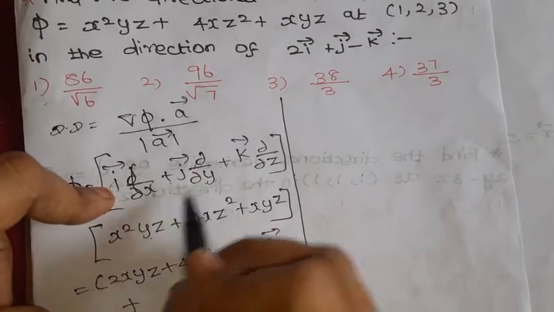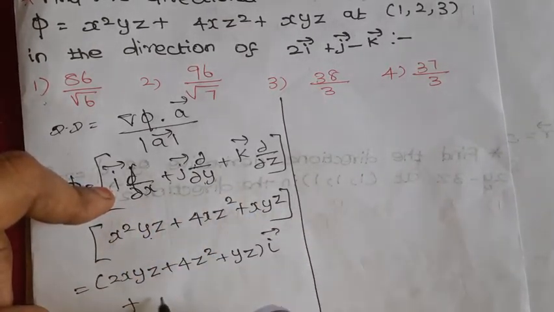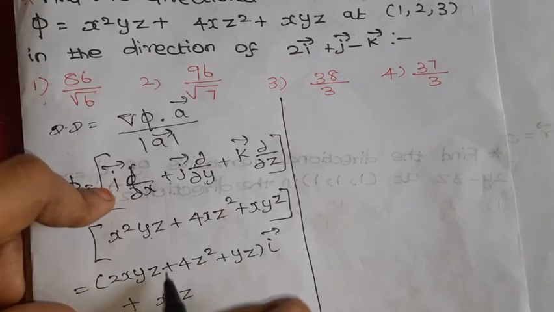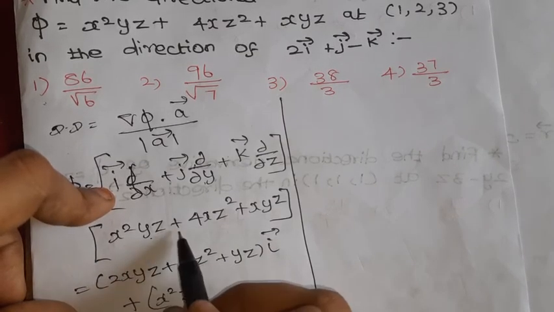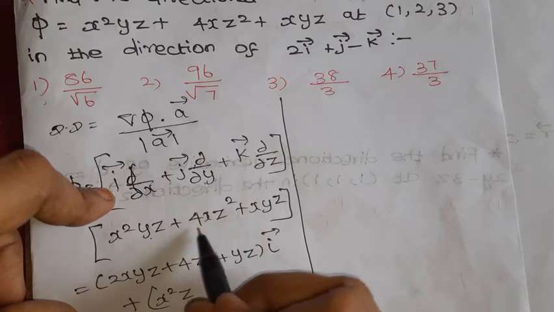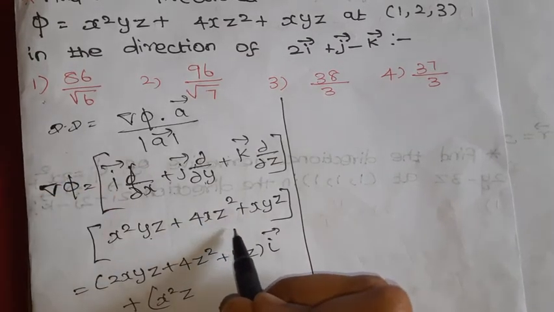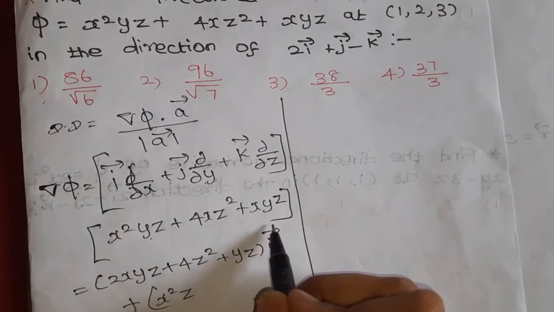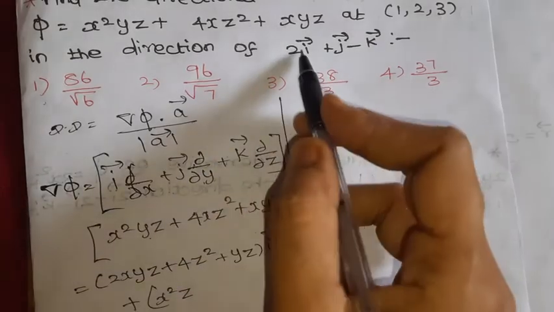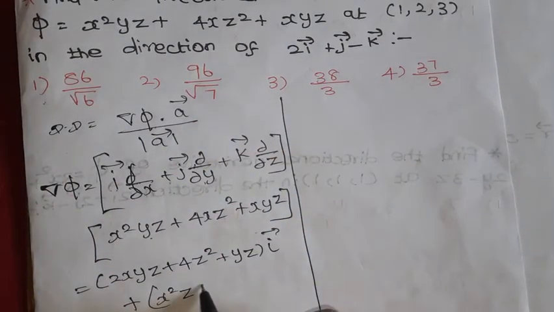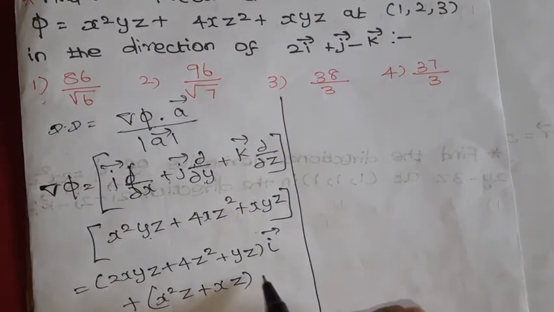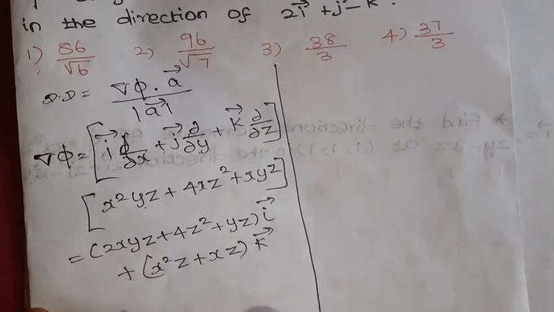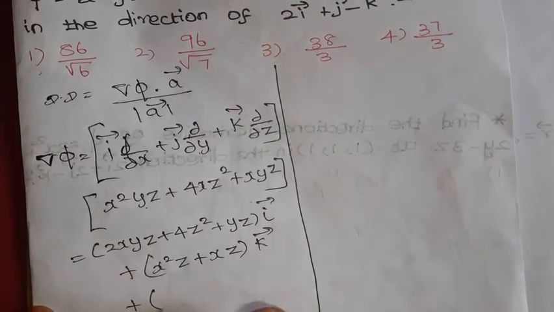Then dou by dou y of this whole term, what will we get? x squared z, this one. With respect to y, this is no term, so we can eliminate this. Then this is xyz, right? Differentiating with respect to y we get xz into k vector.